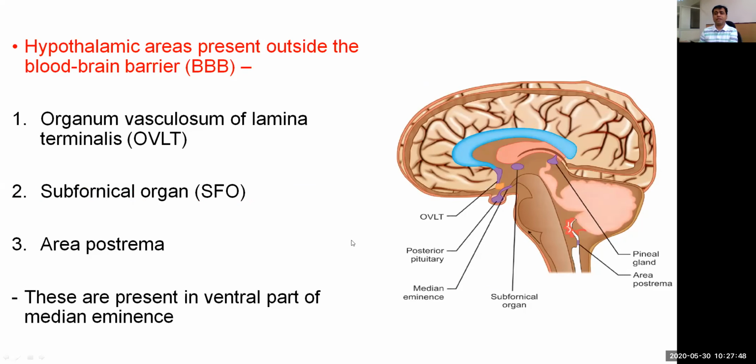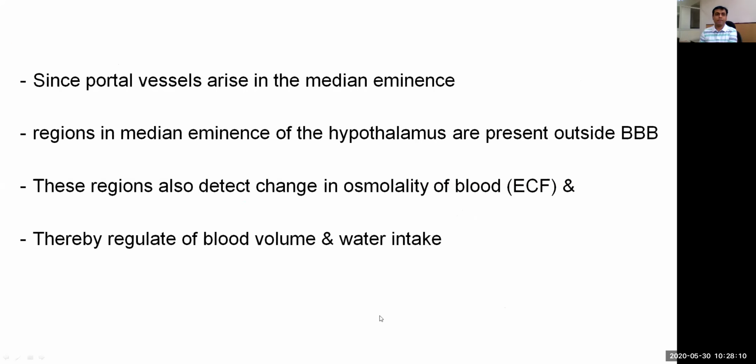Hypothalamic areas which are present outside the blood-brain barrier: there are mainly three different areas, called the organum vasculosum of lamina terminalis, OVLT, as we can see here in the diagram. This is the OVLT structure. The subfornical organ, this particular one, and the area postrema. These are present in the ventral part of the median eminence.